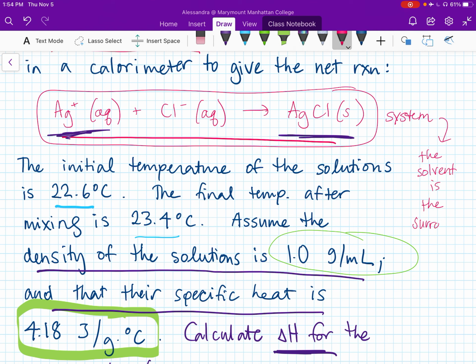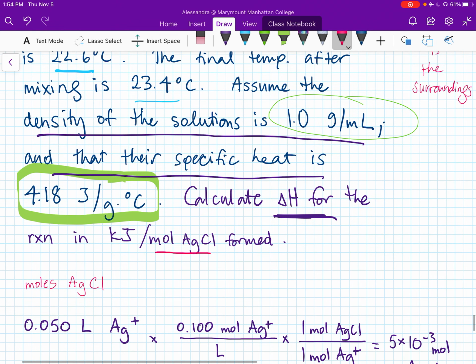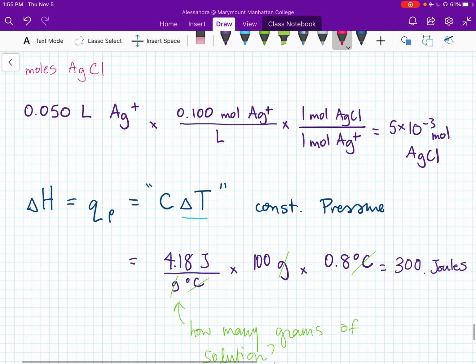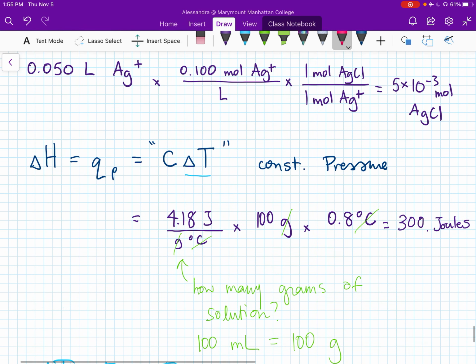And it's the water that I calculated the 300 joules for, right? The water is heating up. The solution is heating up. The solution is the surroundings here. So if the solution is getting warmer, I have to be careful here.